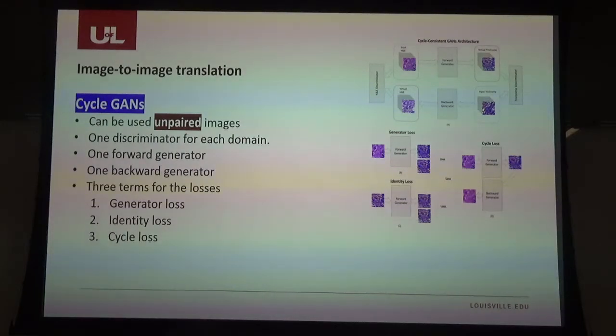The identity loss means we are instructing the generator: the forward generator takes the input and produces the output, right? But what if I take the output and provide it to the forward generator?